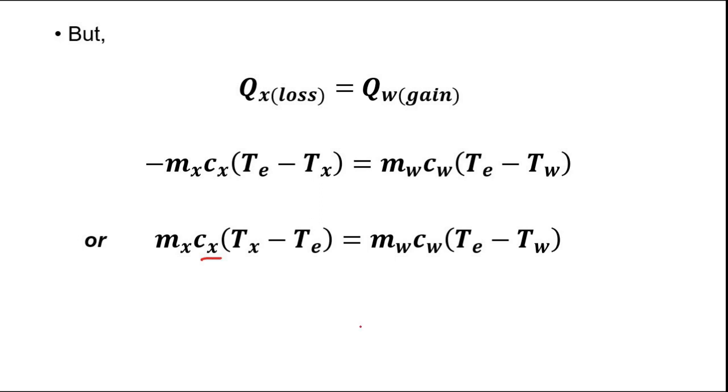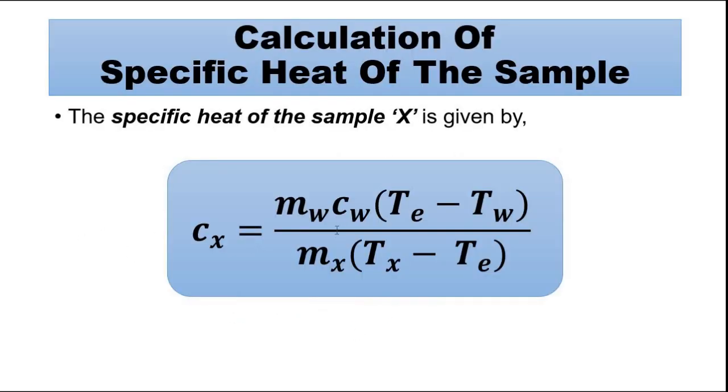So we want to determine the specific heat of object X. That is equal to mw Cw (T minus Tw) divided by mx (Tx minus T). This is the calculation of the specific heat of the unknown sample, object X.